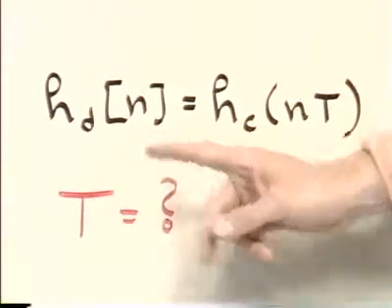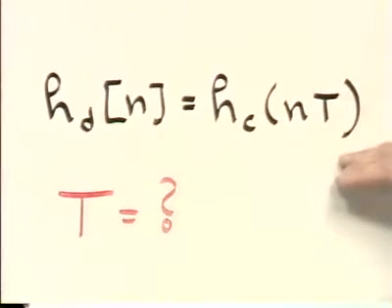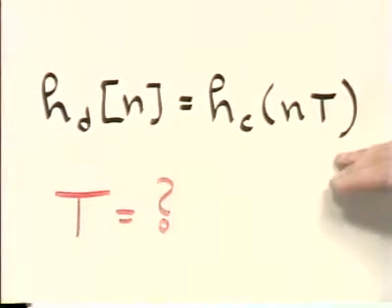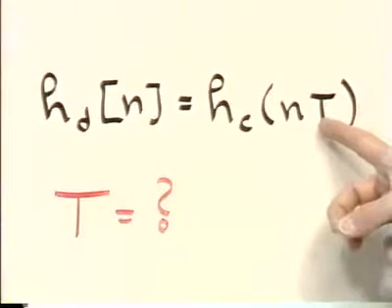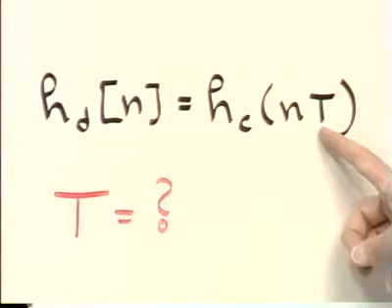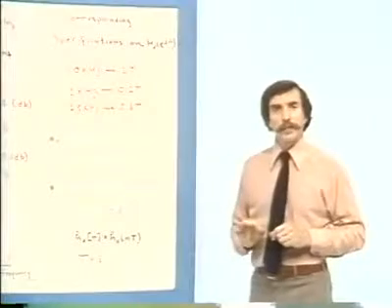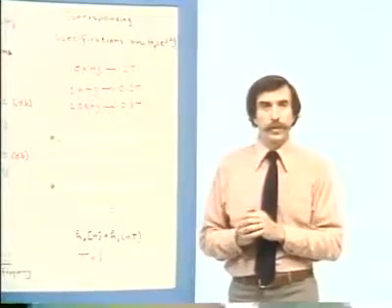Now, in impulse invariance, as you recall, it corresponds to generating an impulse response which is a sampled version of the continuous time impulse response. And there is a temptation naturally to think of this parameter capital T as necessarily identical to the sampling period in the system in which the filter is going to be used.